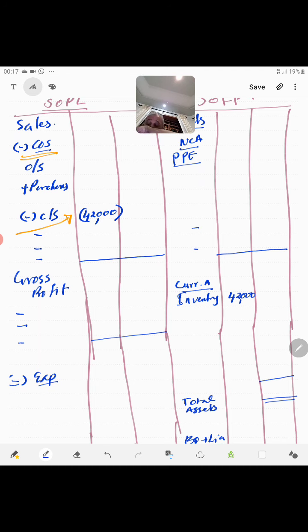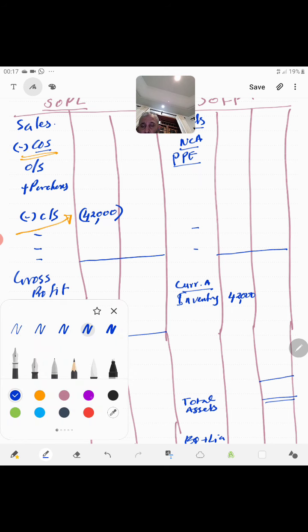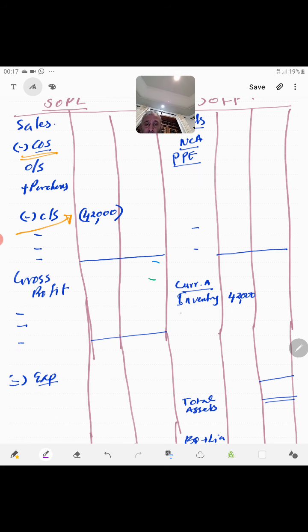So in other words, if you think of the double entry for this, there is a debit for the inventory and there's a credit in the cost of sales. So that is the first adjustment.